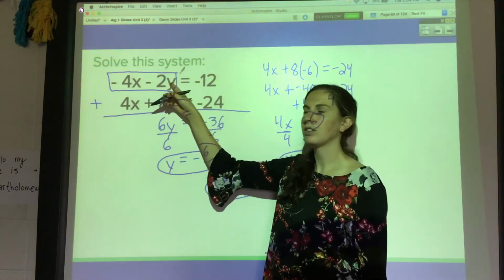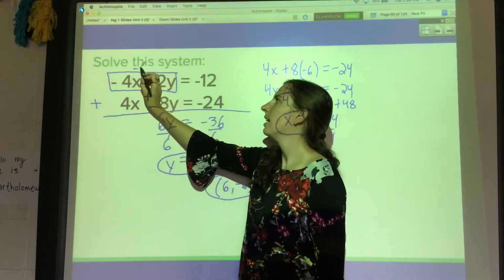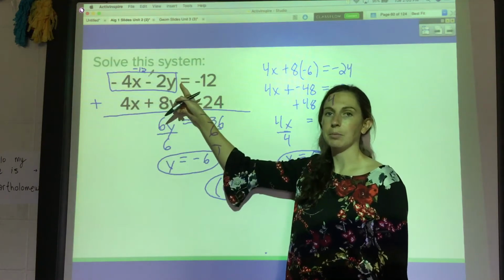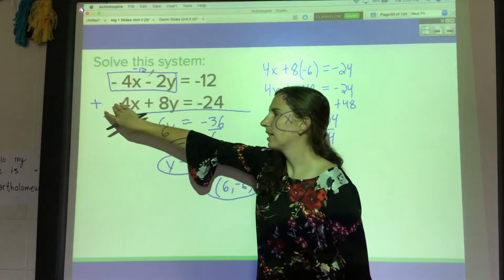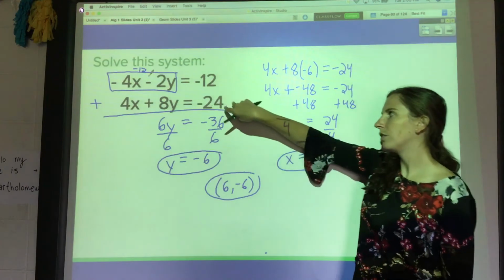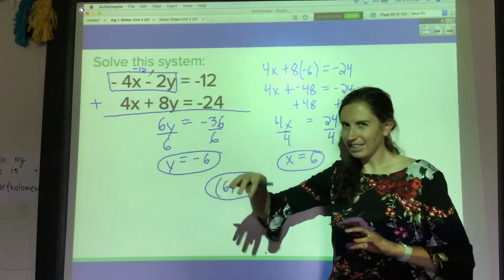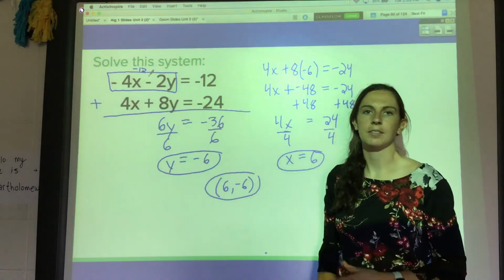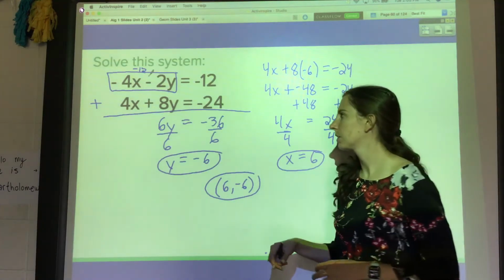That's what the first equation told me, is that this literally is negative 12. They're equal, they are the same. So if I add this to this side, and I add the negative 12 to this side, I'm adding the same thing to both sides of the equation, and I'm not changing anything down here. So that's kind of why this works.